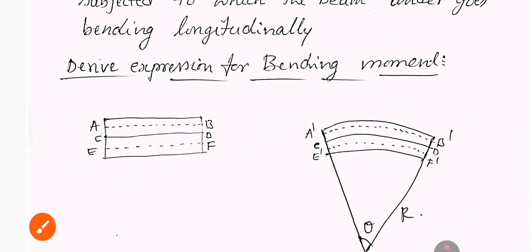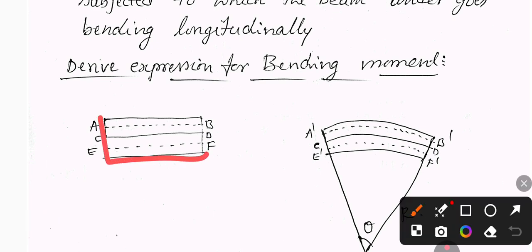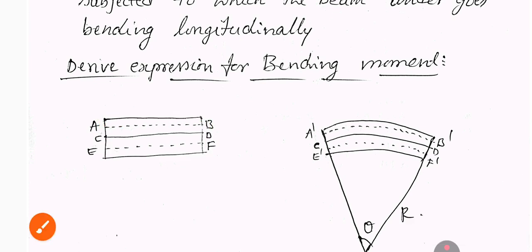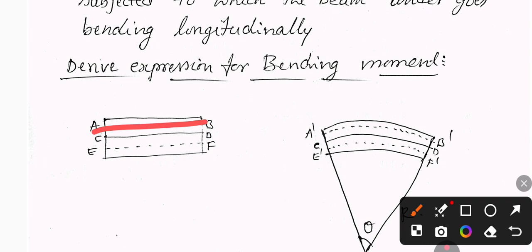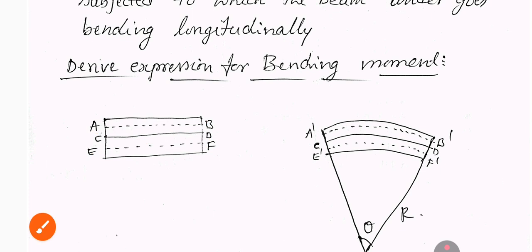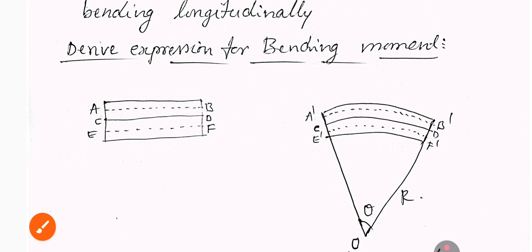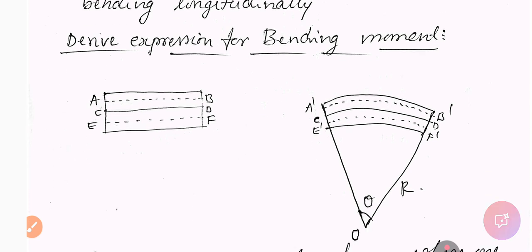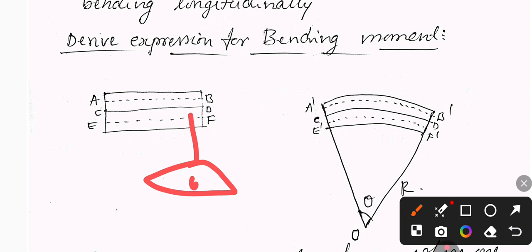At first we consider a beam in this way, AB, and it consists of a number of layers AB, CD and EF, which are very close to each other. When we apply strain by applying loads, they elongate, then it bends like this way.